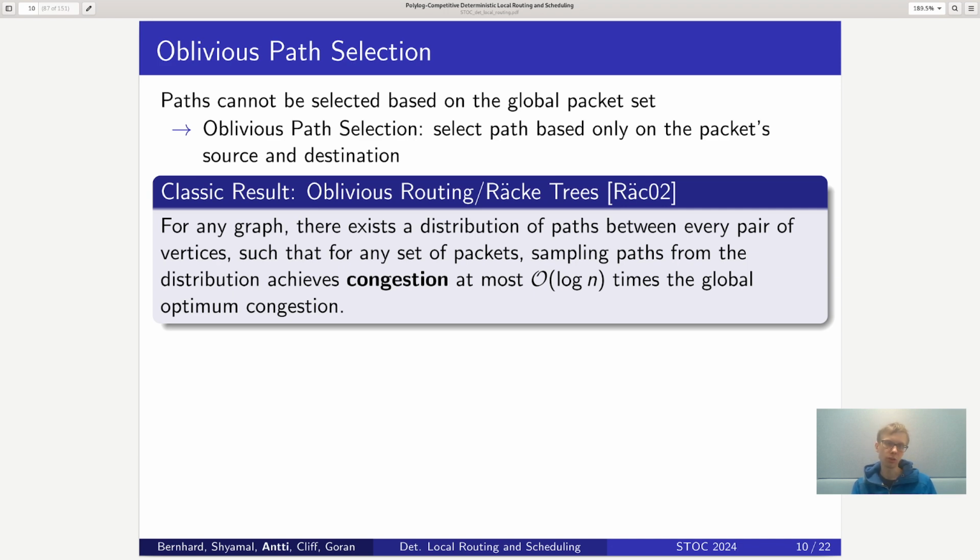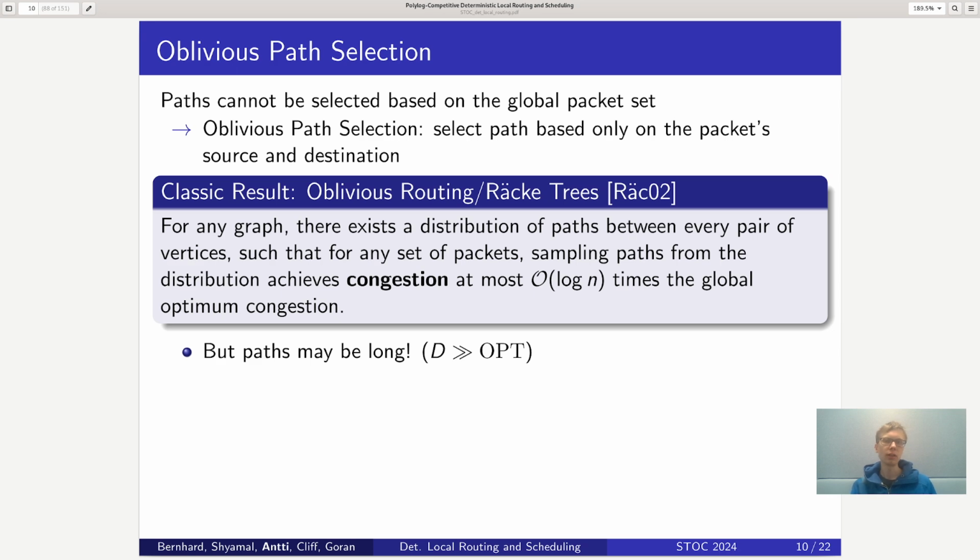However, of course, as we saw in the previous slide, the completion time for scheduling is relative to congestion plus dilation. We also need a guarantee that the paths aren't too long. And in oblivious routing, the paths might be very, very long.